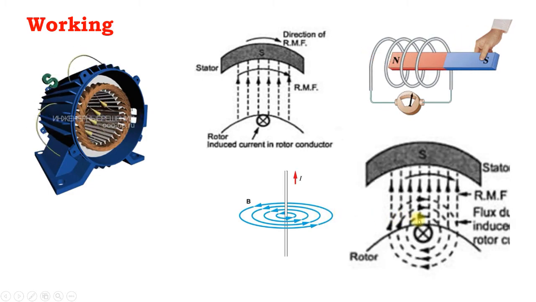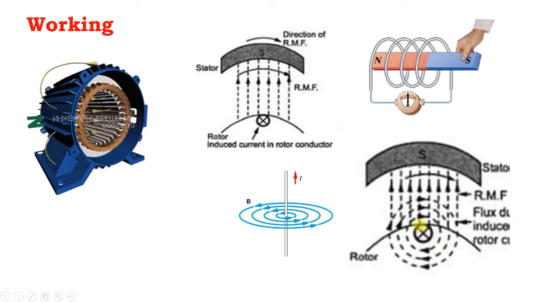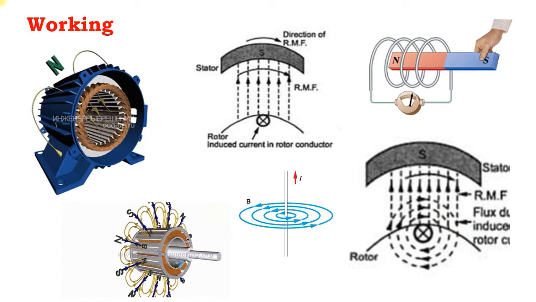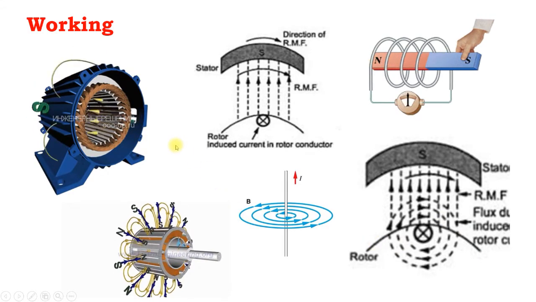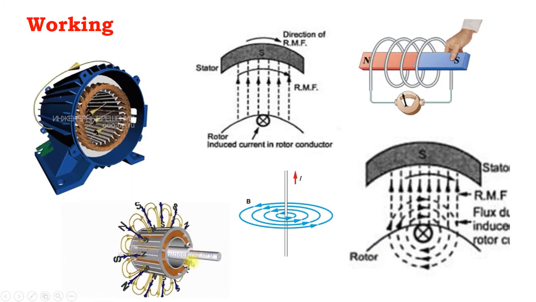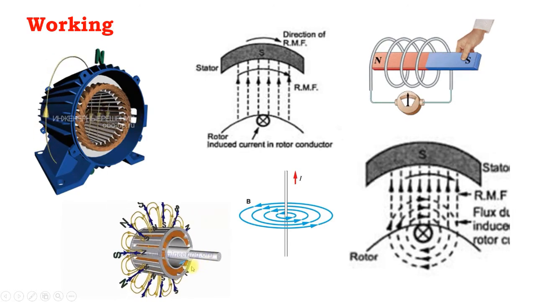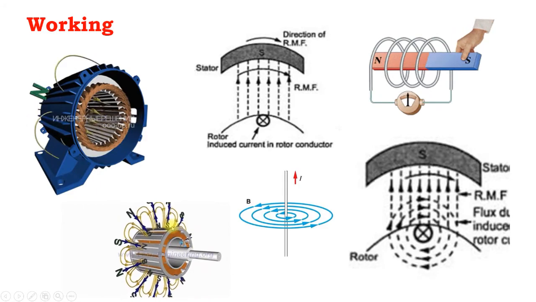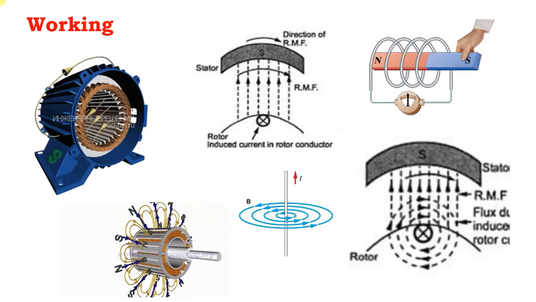So due to the flux from the rotor conductor and the RMF, there will be interactions. Hence, the rotor will start rotating. In this case, the rotor rotates due to the principle of induction, so this type of motor is called a three-phase induction motor.